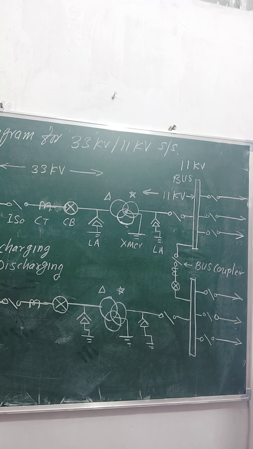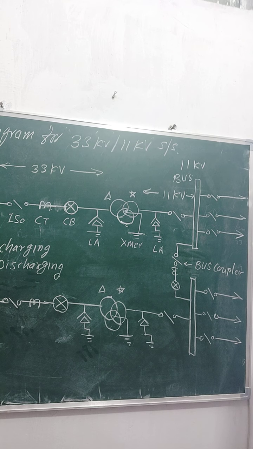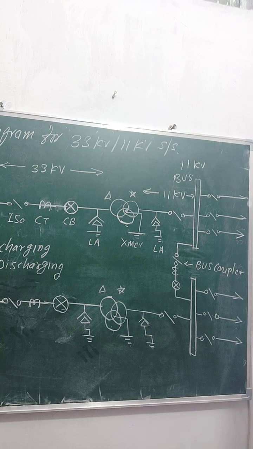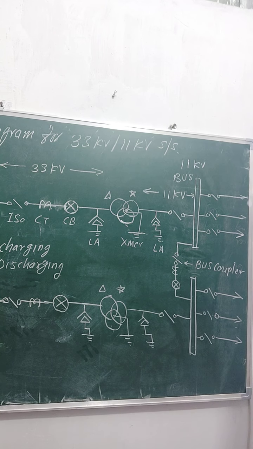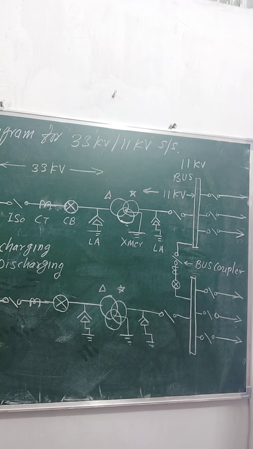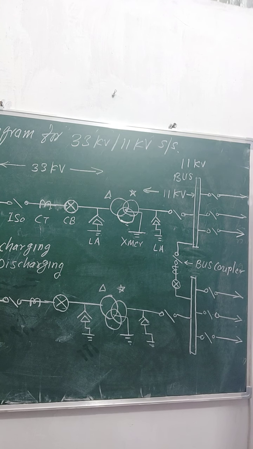The discharge rod is a bamboo on which a copper strip is there up to this, and from this copper strip there is a wire which goes to the earth. This is bamboo and this is copper wire.